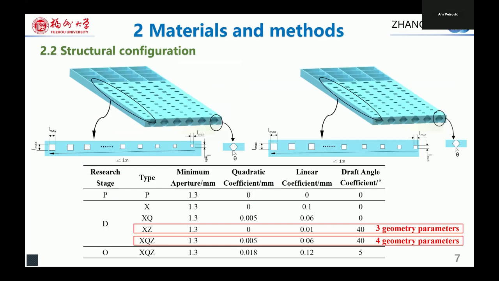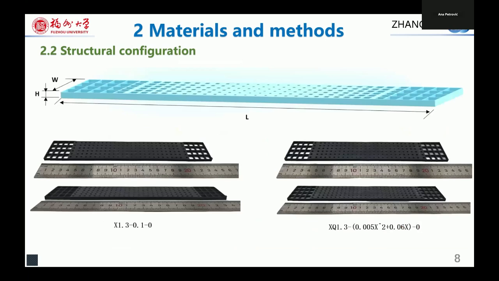It should be noticed that in the SZ configuration, 3 geometry parameters were included, and in the SQZ configuration, 4 geometry parameters were included. So we separated the structures into 2 groups. In this page, we could see the dimensions of the structure configurations and some pictures we captured in the experiment.